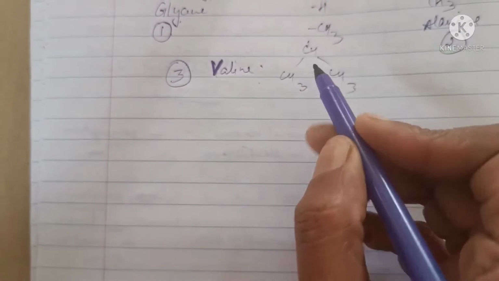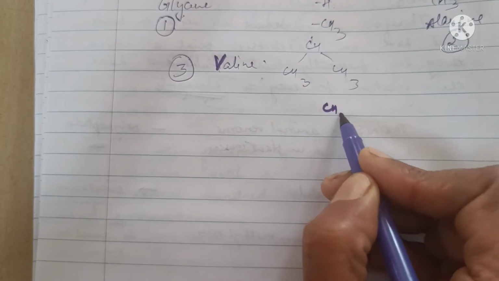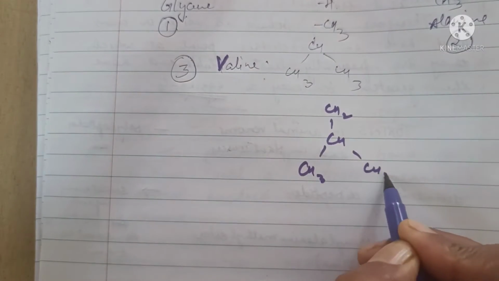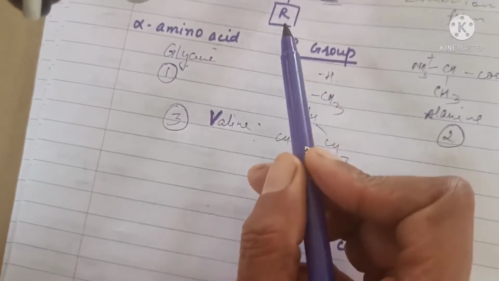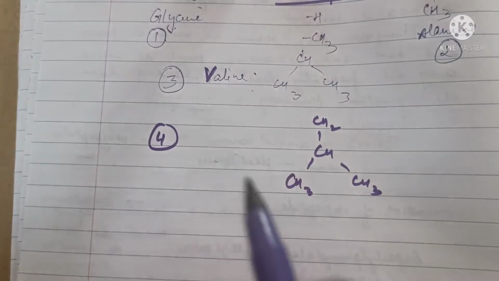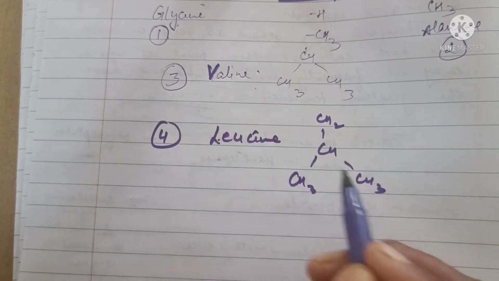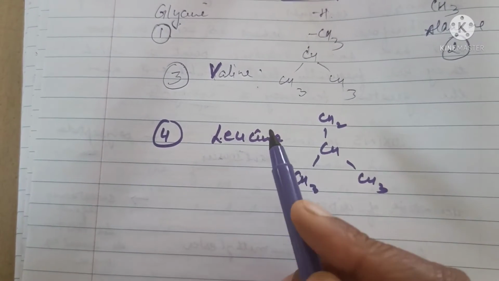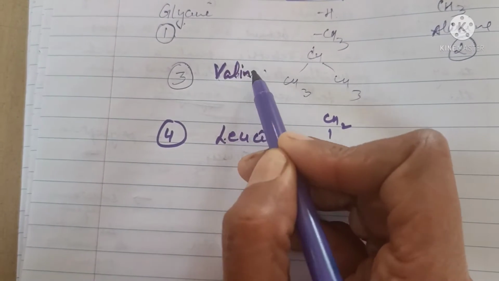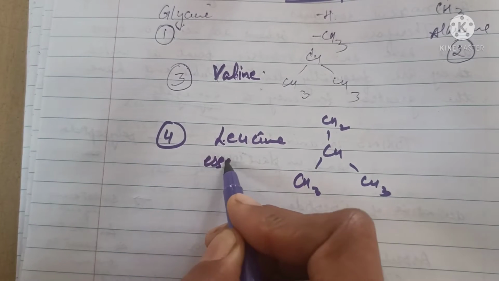Now if we increase one more carbon atom and we attach the group CH2, CH, CH3, CH3 in place of the group R, then we get our amino acid leucine. So with 4 carbon atoms, the amino acid is leucine. Now valine and leucine are essential amino acids.